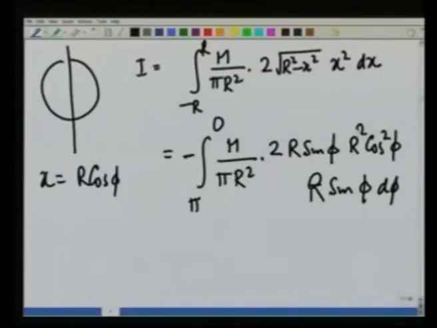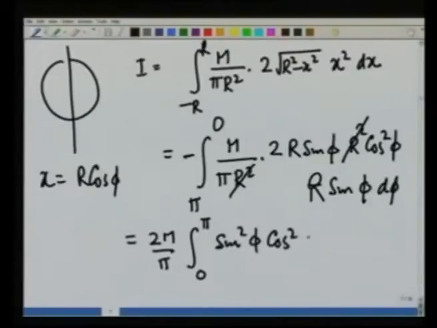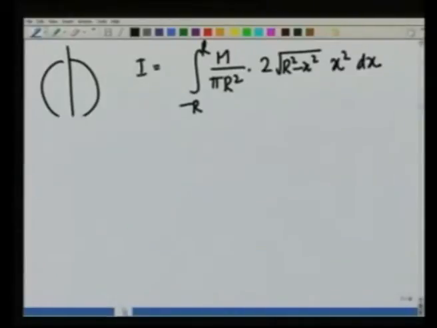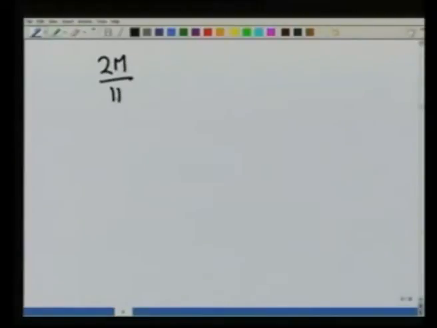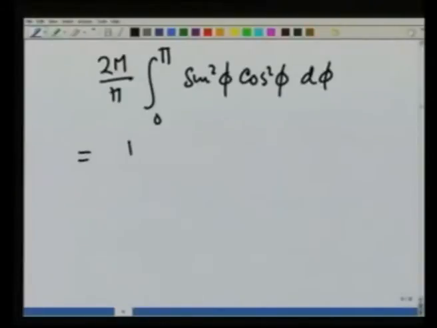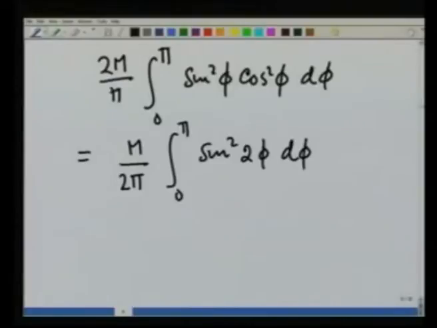Which I can write as, this r square cancels, 2 m over pi integral 0 to pi sin square phi cosine square phi d phi, which is equal to 2 m over pi integral 0 to pi sin square phi cosine square phi d phi, which is equal to m over 2 pi integral 0 to pi sin square 2 phi d phi.